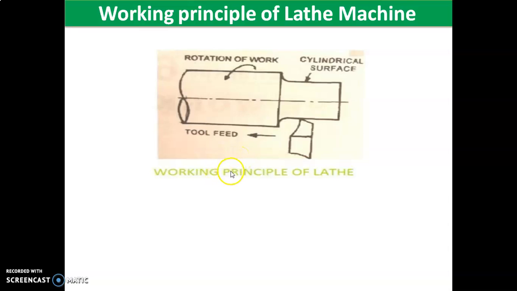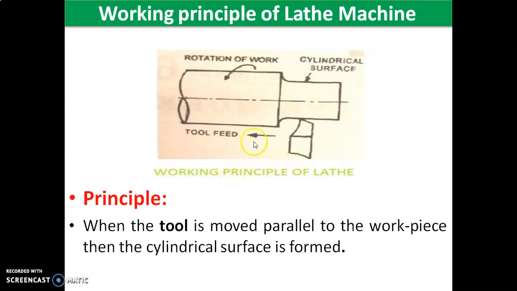When we feed the cutting tool parallel to the axis of the workpiece, we get a cylindrical surface. This is the first direction.